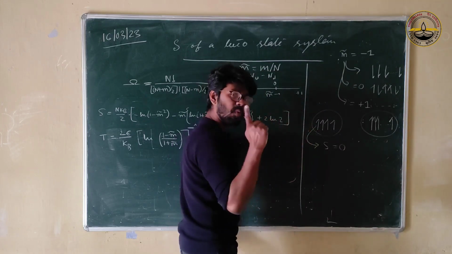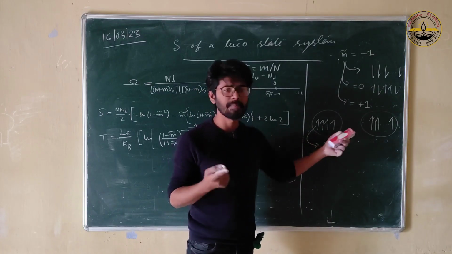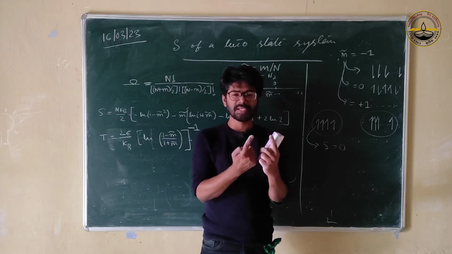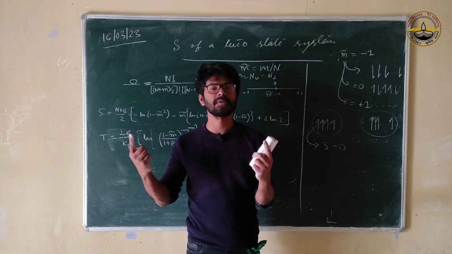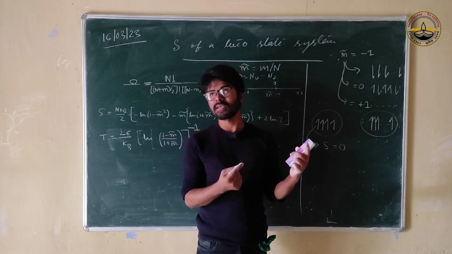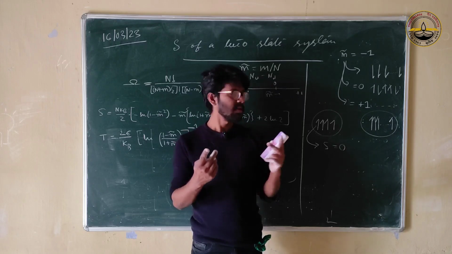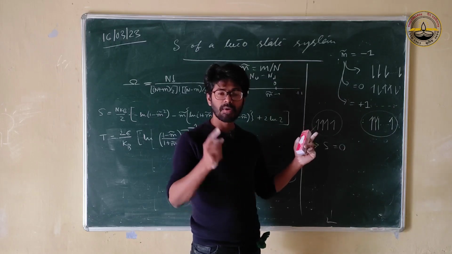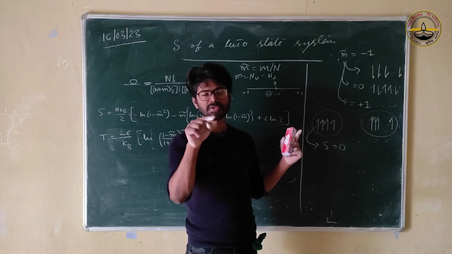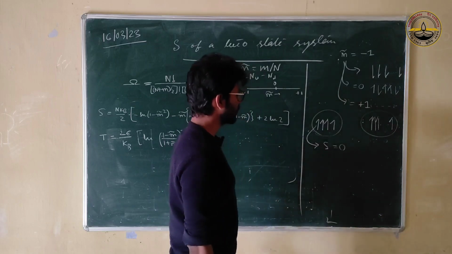There is only one way you can get all of them up. There is only one way you can get n number of them pointing up, right? I'm not asking, let's say 3 of them up, 1 is down, how many ways? There are some ways, but all of them up is only one way. So only one way means your omega is 1, and therefore log of omega must be 0.